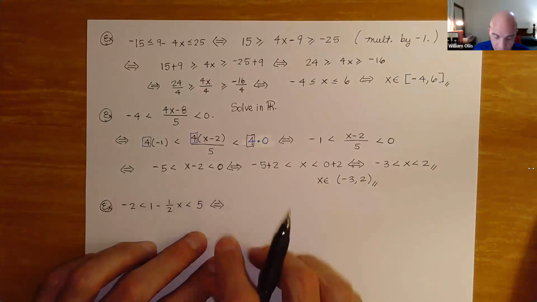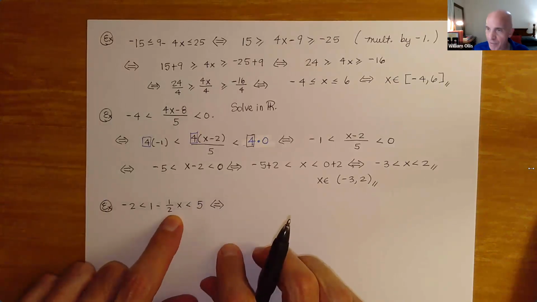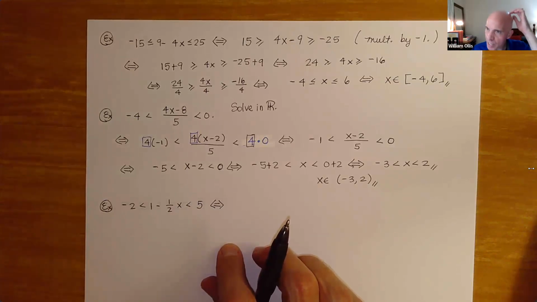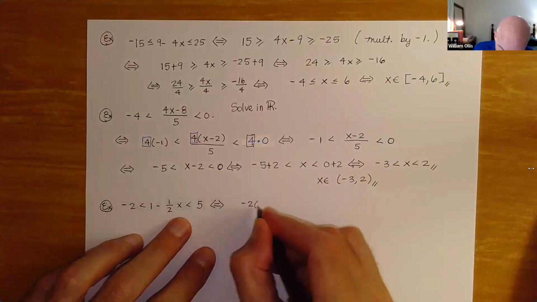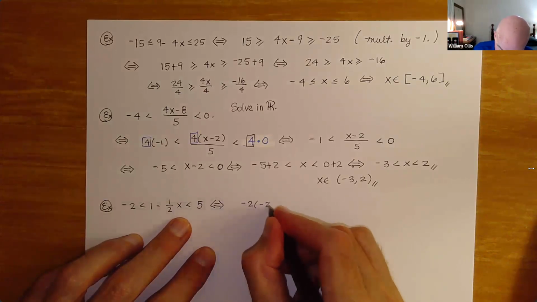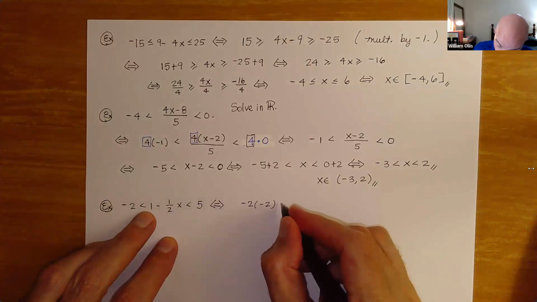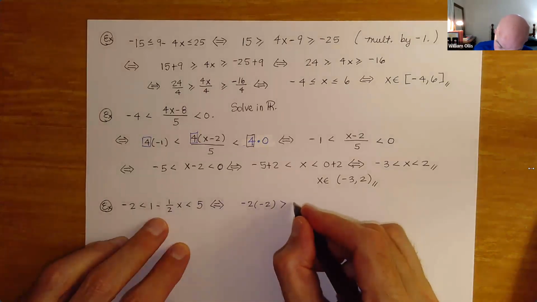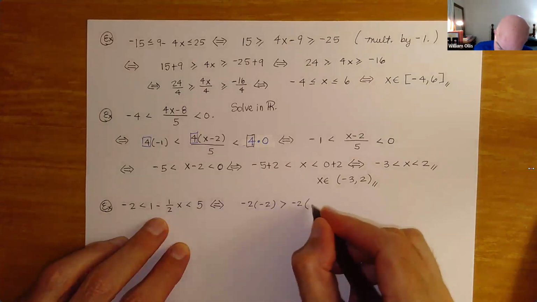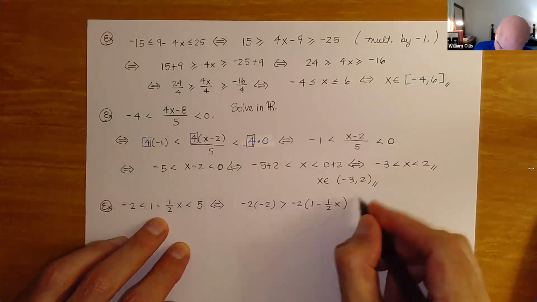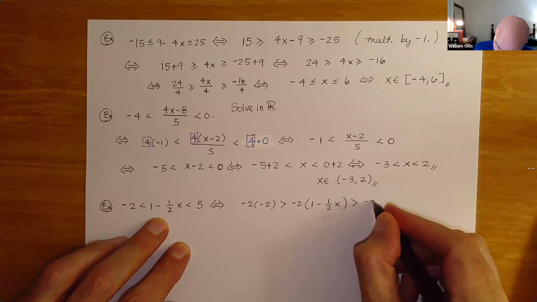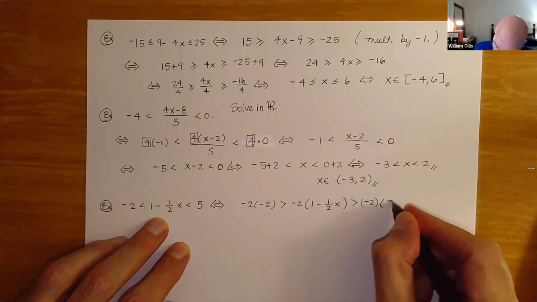Our goal is a coefficient of x that's 1, which is really simple. So we're going to have -2 times -2, then we have to reverse, then -2 times 1 minus 1/2 x, reverse, and -2 times 5.